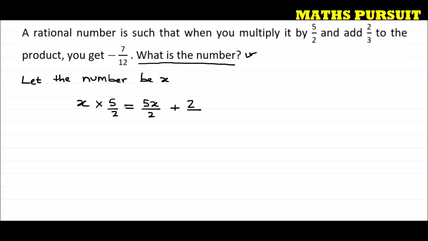The product is 5x by 2. And when we add 2 by 3, we get minus 7 by 12. This is what the question has given us.